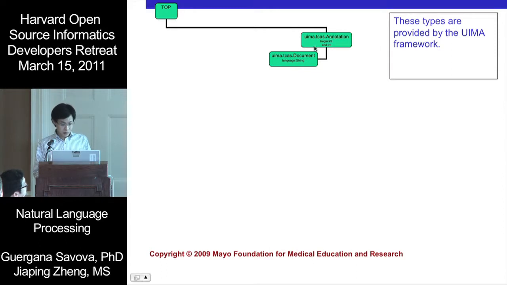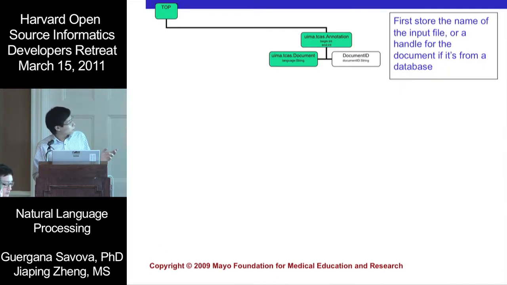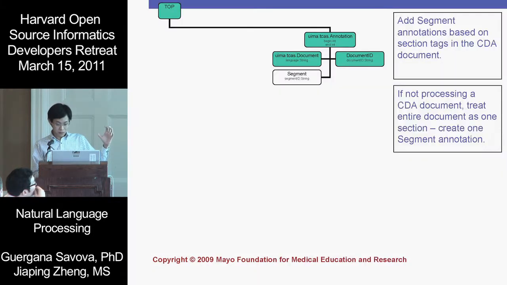Then let's step through this. At the highest level, we have a document, where we mark the entire document as this object. And then we assign an ID to the document. Then we split the document into several segments. In Mayo Clinic, our documents are in a CDA structure, so there are explicit markers within the document saying which part is a new segment.